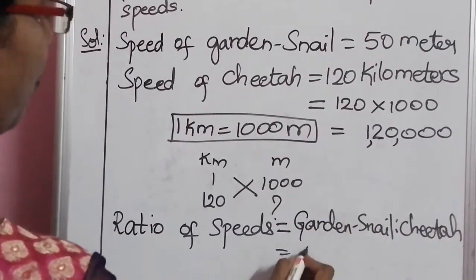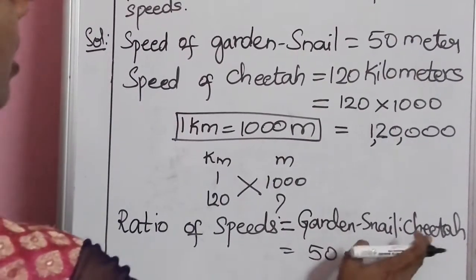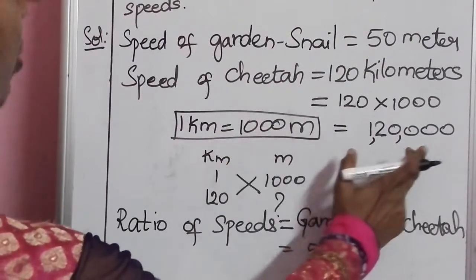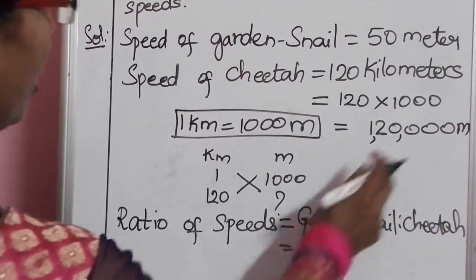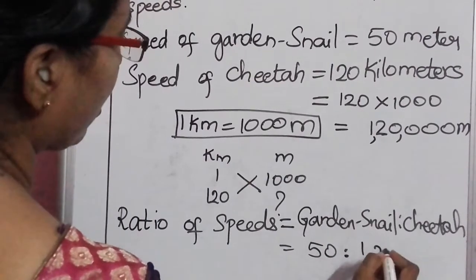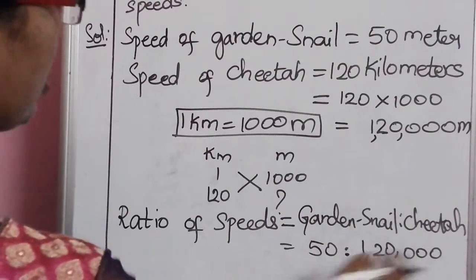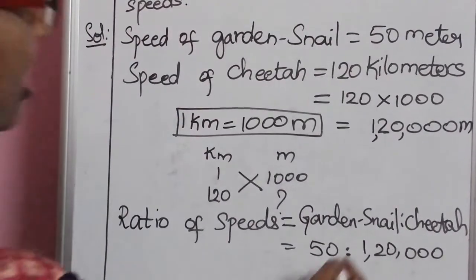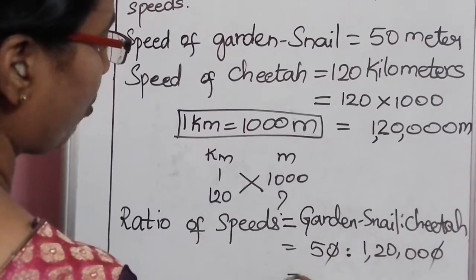Garden snail is 50 meters, so I am going to write it as 50. Then cheetah, this is in meters, so meters one we need to take. It is 1,20,000. Now let us cancel with 10 table. 10 table means 1 and 0 will be cancelled.